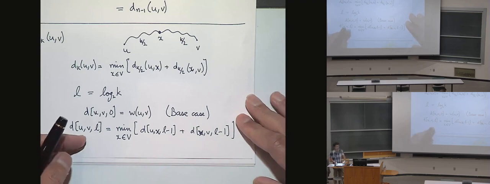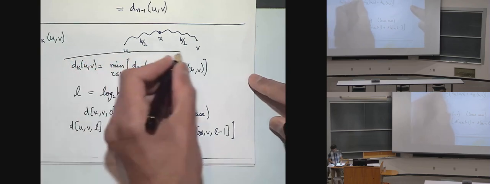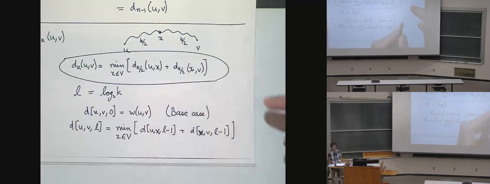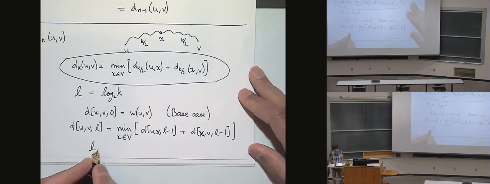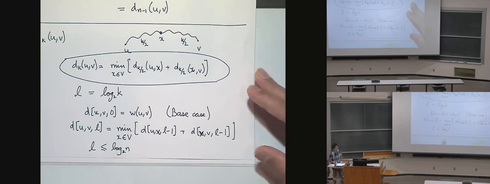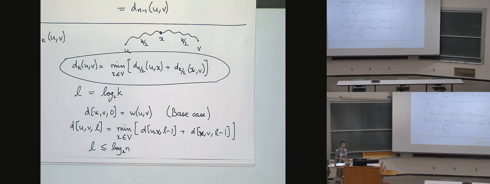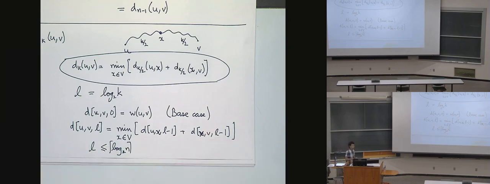And effectively what it's doing is doubling, because it's using this idea over here. So note that now L is just going to go up to log n. You just need to do L for all values up to log base 2 of n. Floor, ceiling, whatever, right? Okay?